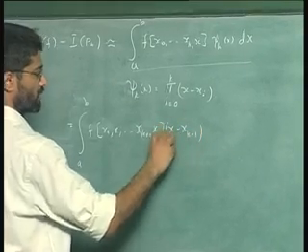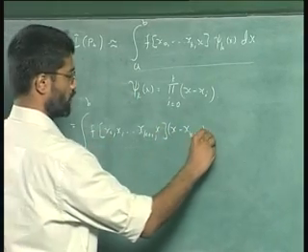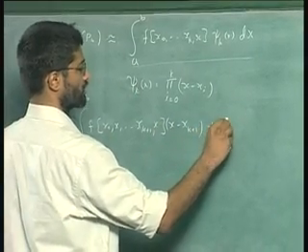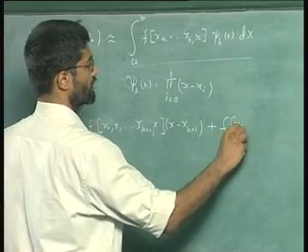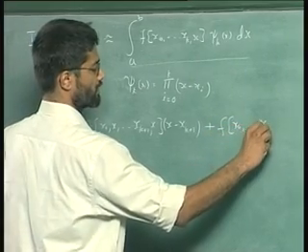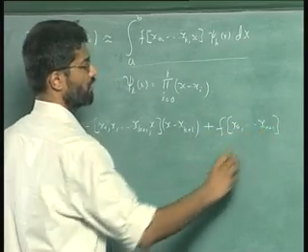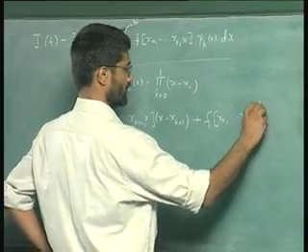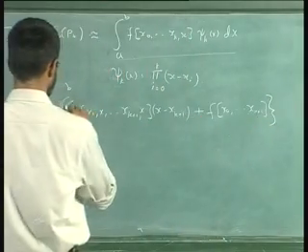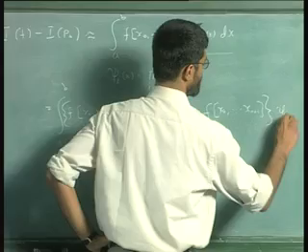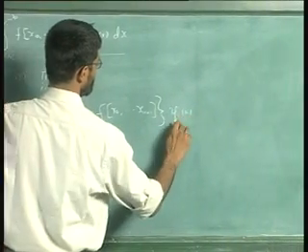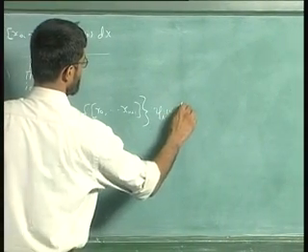I get an additional term there from the divided difference. Then plus I will have another term, which is f[x0, ..., xk+1] into, and the whole thing multiplied by psi k of x, dx.